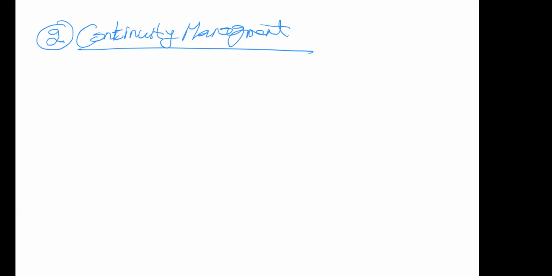There is a very important thing you have to understand here, gentlemen. Who defines the critical services for the continuity management? For example, suppose that I have 50 services in my organization. Good.